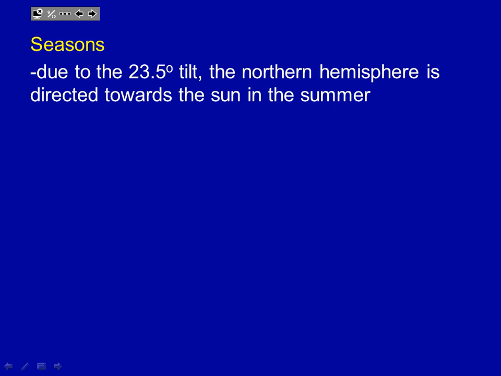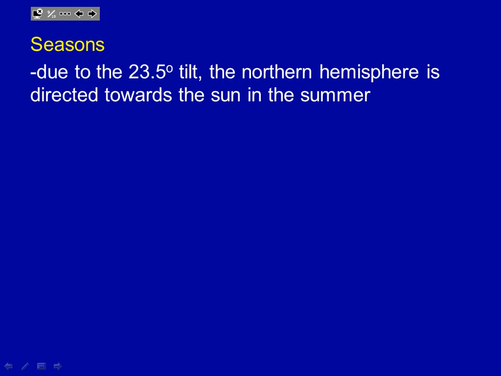So it is the axis tilt that results in our seasons. So even though we are currently close to the sun, yesterday being the closest, in the winter, the northern hemisphere points away from the sun, and so we don't get very direct sunlight. All right?